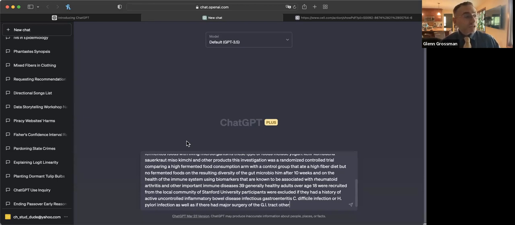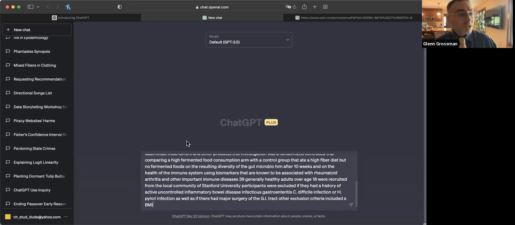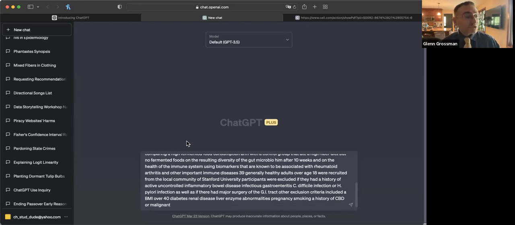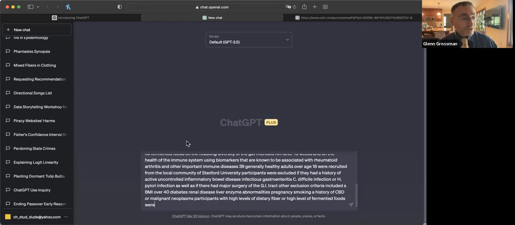Other exclusion criteria included a BMI over 40, diabetes, renal disease, liver enzyme abnormalities, pregnancy, smoking, a history of CVD, or malignant neoplasms. Participants with high levels of dietary fiber or high level of fermented foods were also excluded.